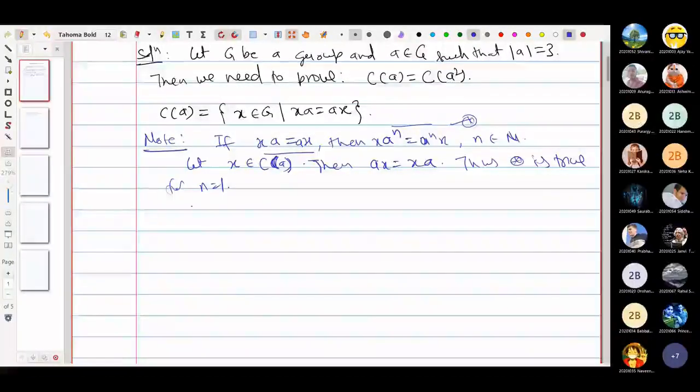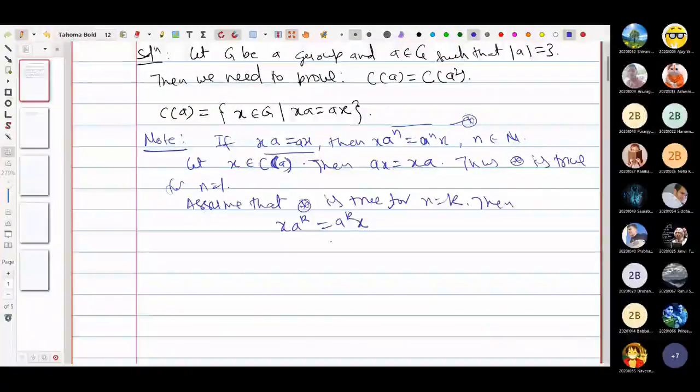Now assume that star is true for n equals k, where k is some natural number. Then we have x a to the power k equals a to the power k x.